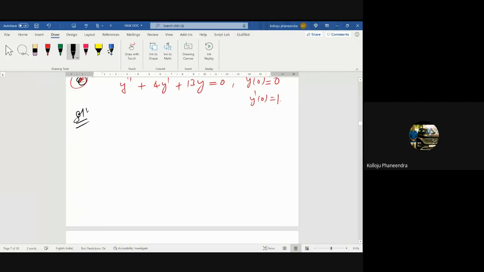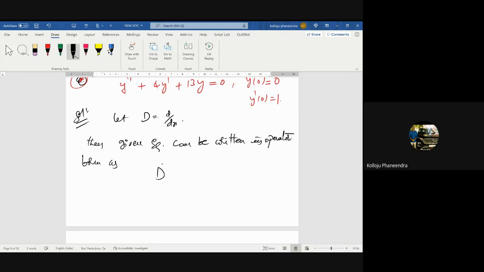Shall I write the operator form directly? Let D equal to d by dx. Then the given equation can be written in operator form as D square plus 4D plus 13, with y common, entirely equal to 0. Equation 1.